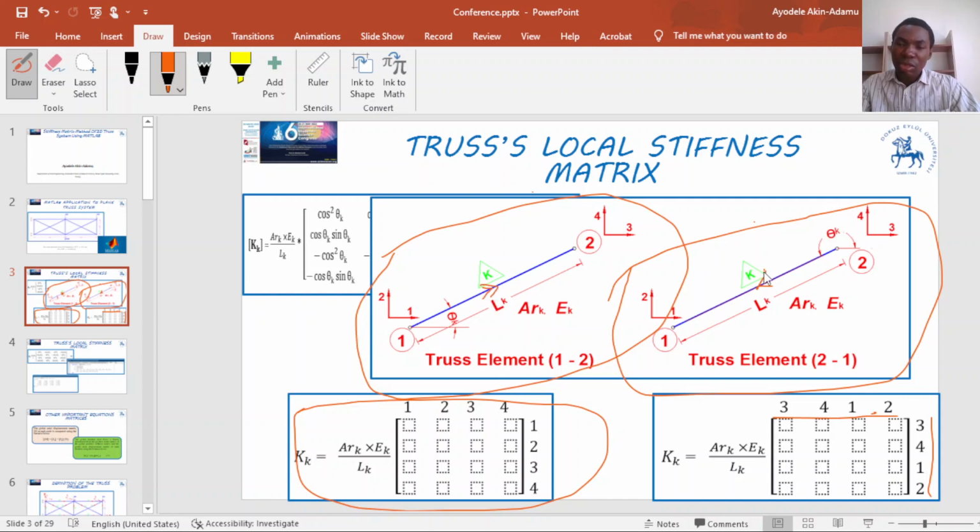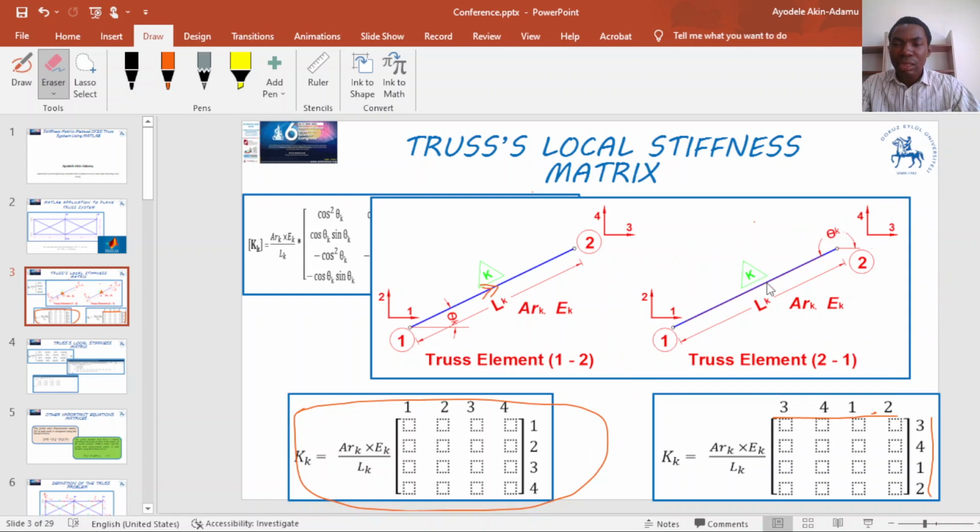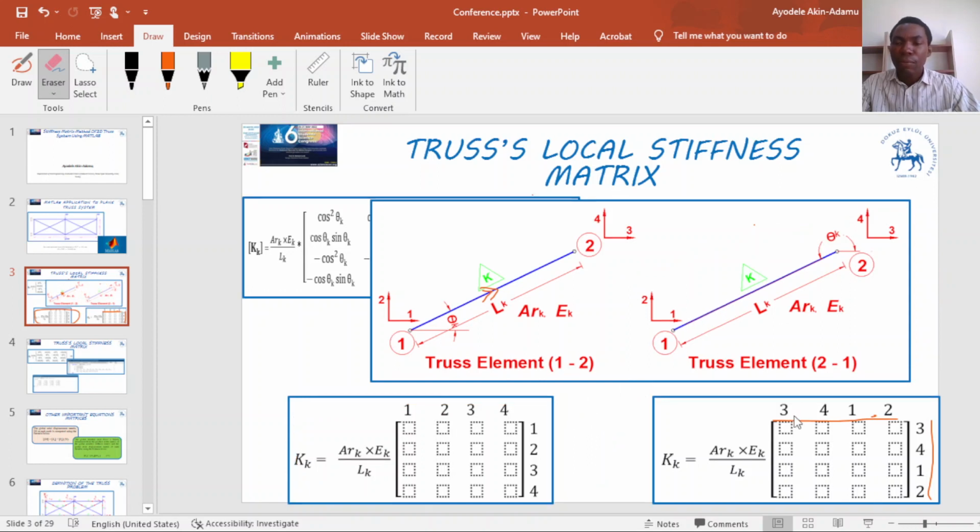If you are using this direction, you stick to this notation to the end of the problem. This is very important. It is the most important aspect of analyzing truss problems using the finite element procedure. I hope you understand all this.